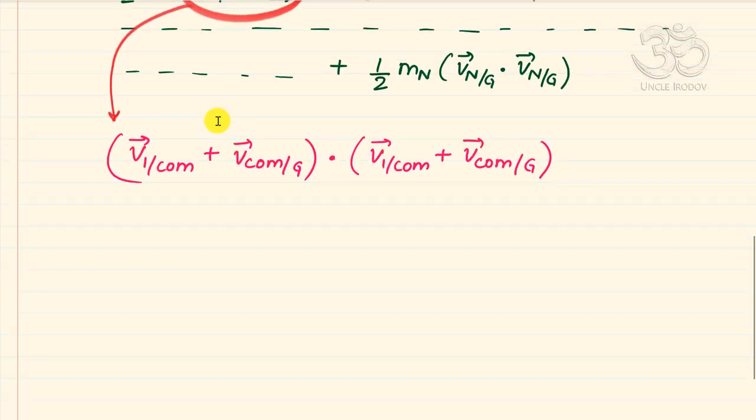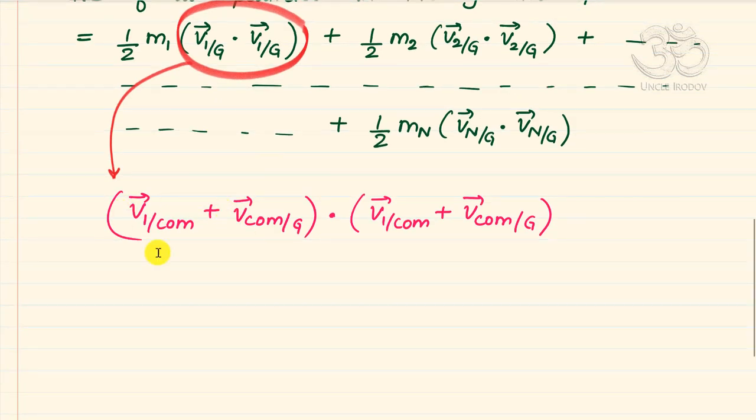And then we can use the distributive property of the dot product. So the first term dotted with the first term, then the first term with the second term, the second term with the first term, and the second term with the second term. So that's the sequence. When the first term goes with the first term, you are going to end up with V1 in the center of mass frame dot V1 in the center of mass frame.